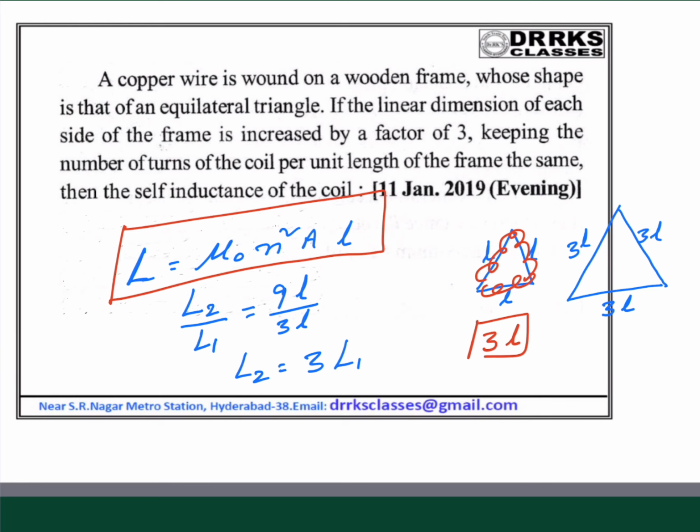Each side is increased by a factor of 3, so the total length is 9L. If the number of turns per unit length remains constant, self-inductance is proportional to length. So the self-inductance in the second case is 3 times the self-inductance in the first case.